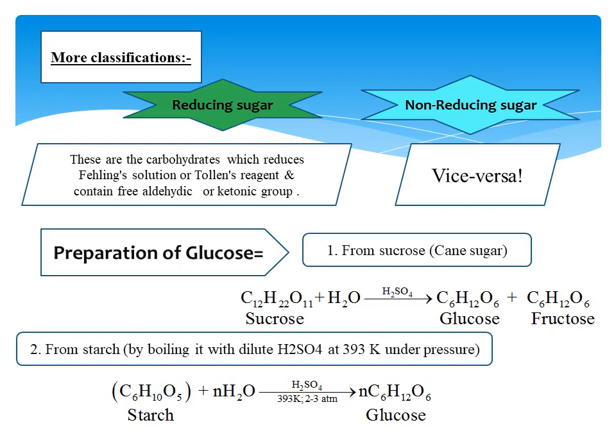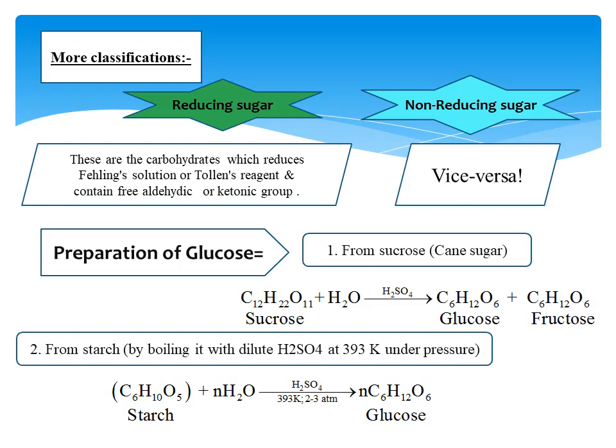Downward you can see that we have given some of the reactions, that is, the preparation of glucose from sucrose as well as starch. You can see the reaction: sucrose when hydrolyzed gives two kinds of monosaccharides, glucose and fructose.